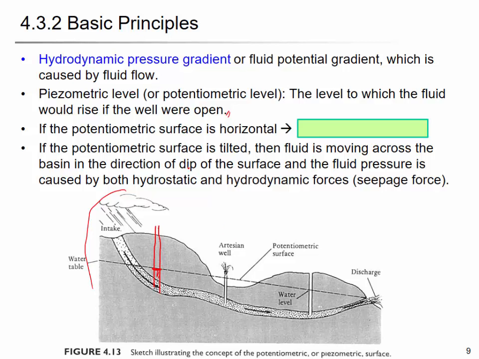This is the same idea as what we did in soil mechanics or fluid dynamics. Total head is the same as the elevation head plus pressure head. Right? And there is also the velocity head term, but we ignore it as it is almost zero in geologic conditions because the water flow will be very slow.